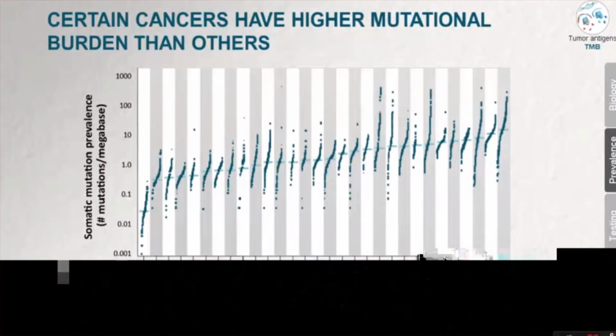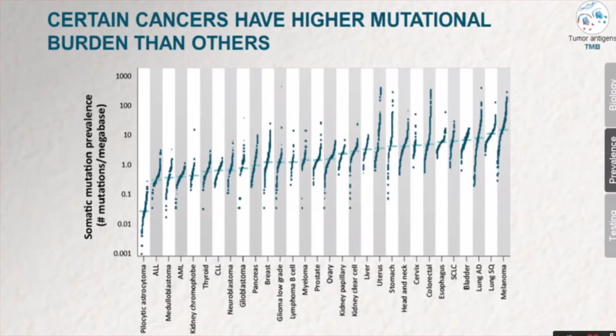Now, this data is from TCGA, The Cancer Genome Atlas, and what it's displaying is the frequency of mutations that are identified within various types of cancers that were analyzed. As you go from left to right, they're organized according to the mean number of mutations within the various tumor types.